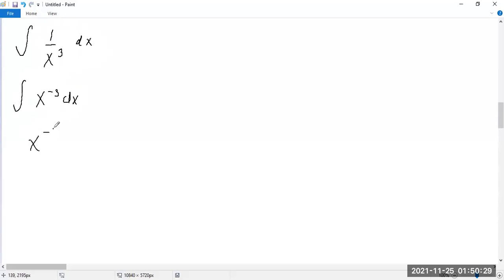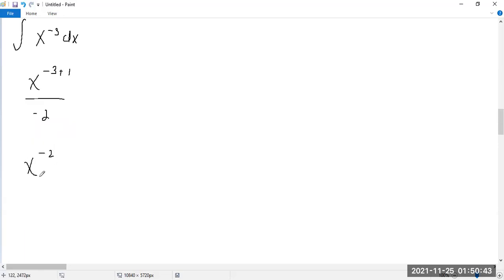So we would do x to the negative 3 plus 1, divided by negative 3 plus 1. Negative 3 plus 1 is negative 2, so we would divide by negative 2. So this is x to the negative 2 over negative 2, which is 1 over negative 2x squared.